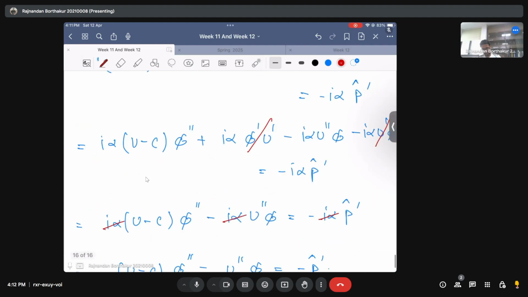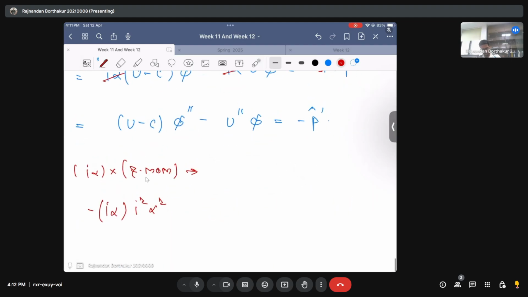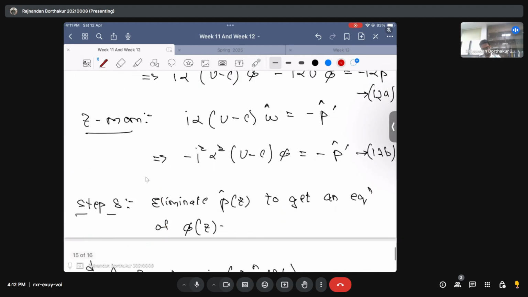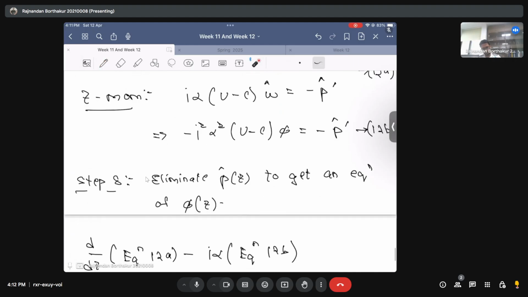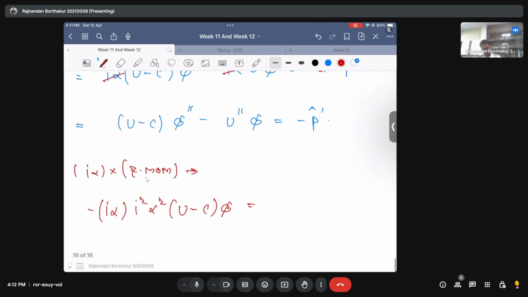Then we have (u minus c) times phi, and then also I have the pressure gradient, but we need to first multiply it with i alpha, so there will be an i alpha term here as well. So this becomes minus i alpha times dp hat by dz.